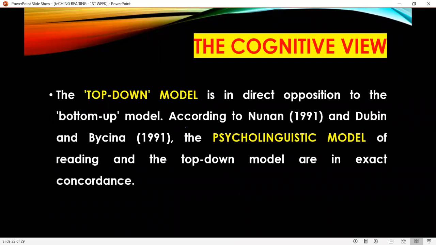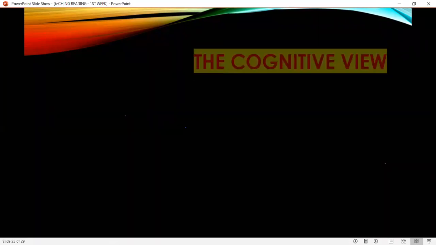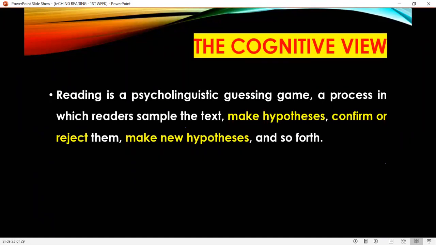Remember, the bottom-up is just to decode the written symbols and to get a sense of the text. The top-down, according to this, reading is a psycholinguistic guessing game. You're going to guess. It's a process in which readers sample the text, make hypotheses, confirm or reject them, make new hypotheses, and so forth. Notice the difference with the previous one.